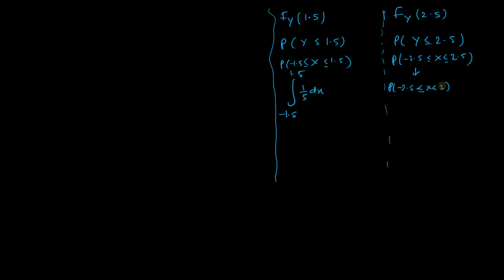So we can write it as the probability that x will fall in the range minus 2.5 to 2 plus the probability that x will fall in the range 2 to 2.5. And you can immediately observe here that this will go down to 0. Again, we will be left with only minus 2.5 and 2.